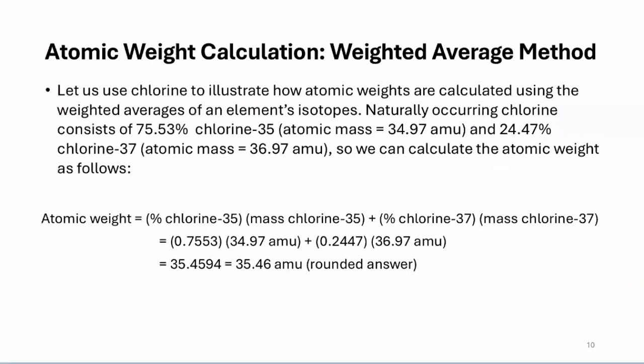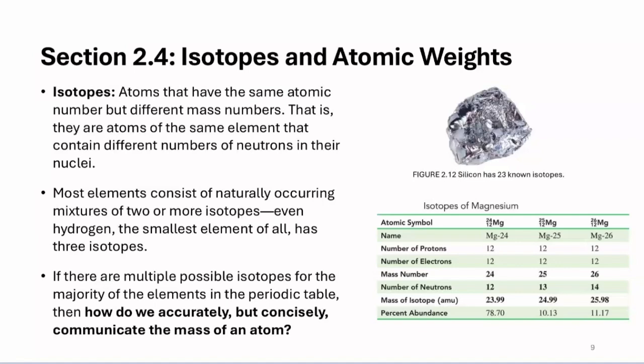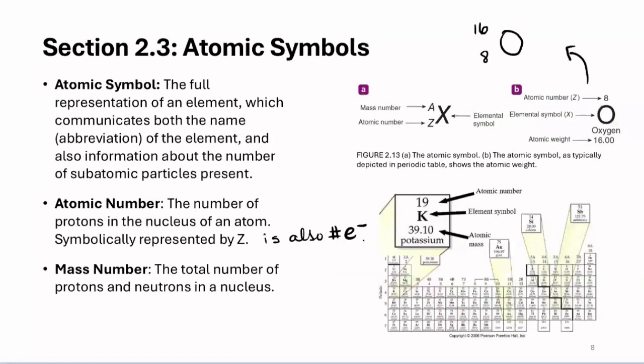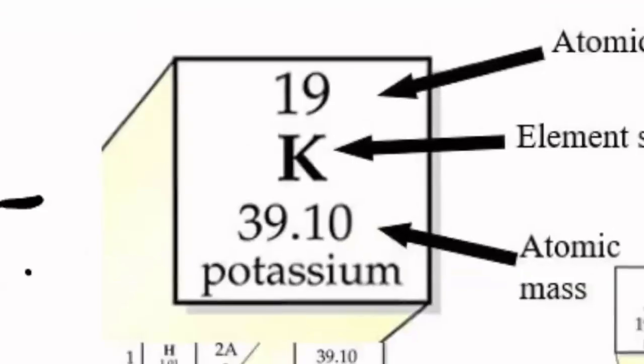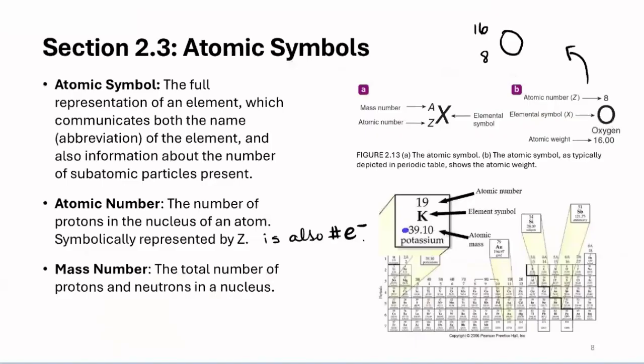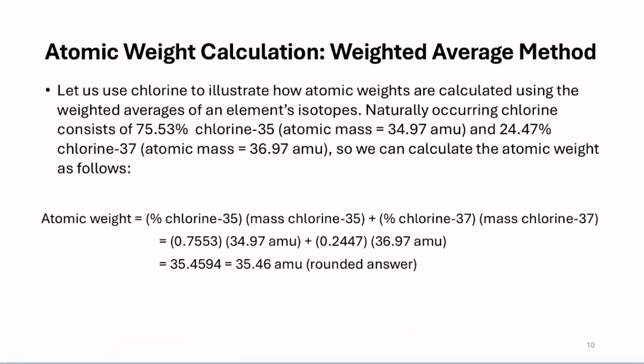Well, when we look at the atomic mass, if I go to the slide before, meaning this number, that number is obtained by doing a specific calculation called the weighted average method.